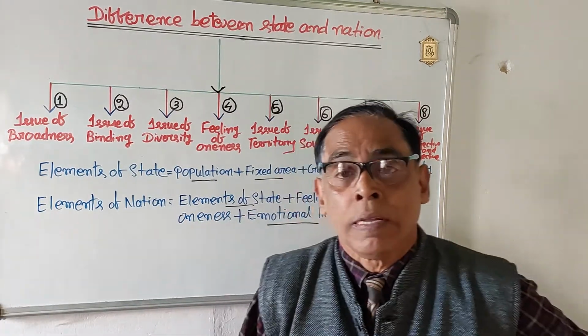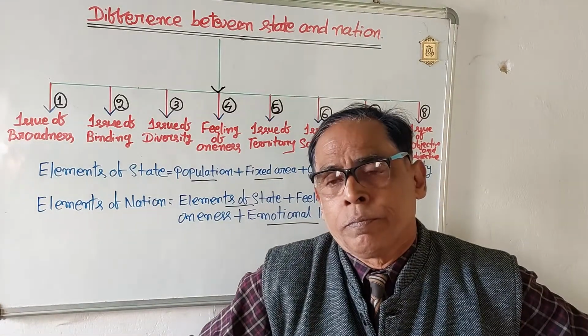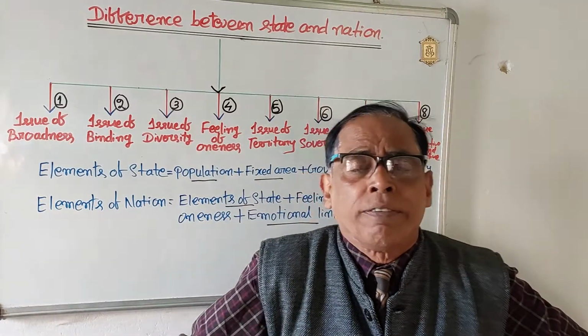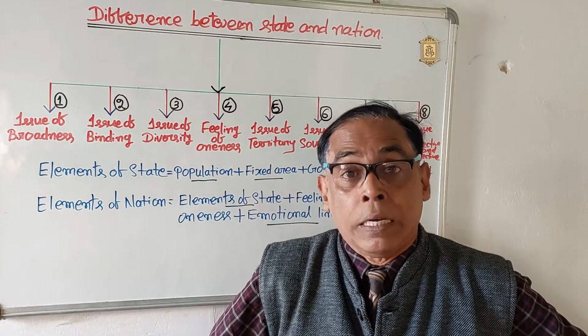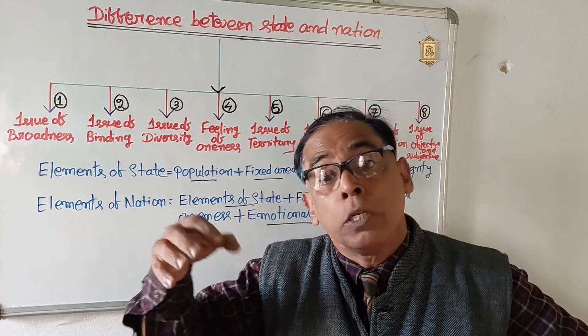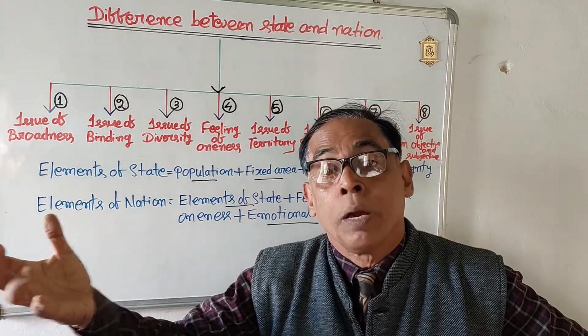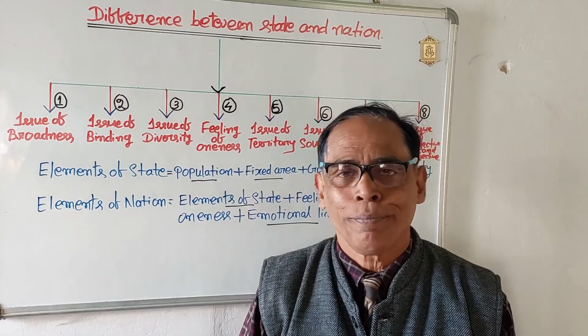Okay, viewers, now we'll proceed to the third point, issues of diversity. Another important difference between nation and state is that a nation consists of homogeneous groups, but a state consists of heterogeneous groups.